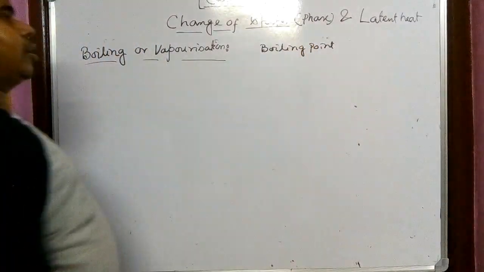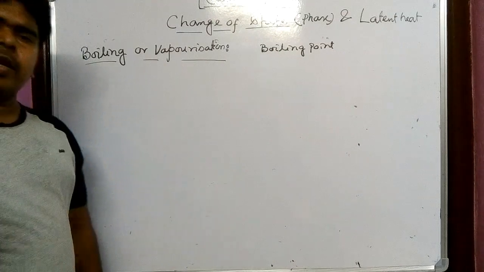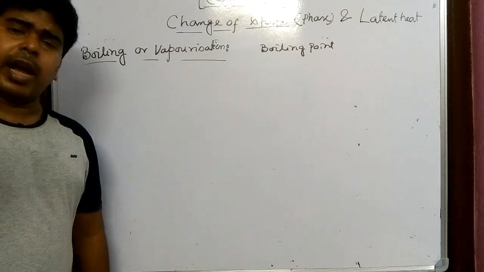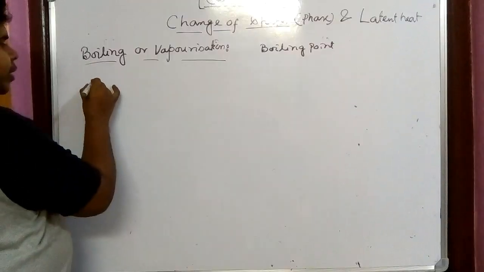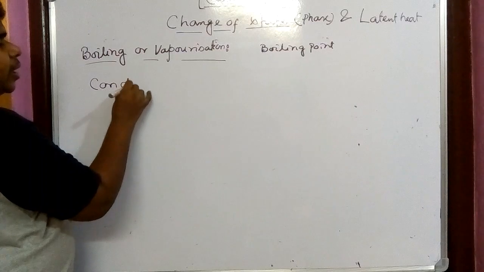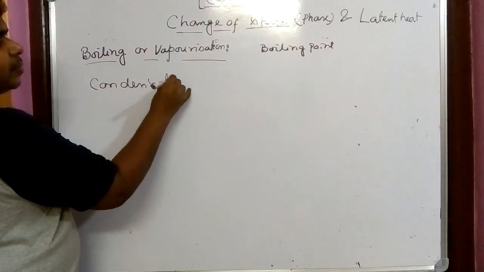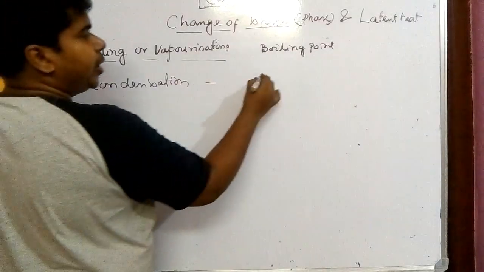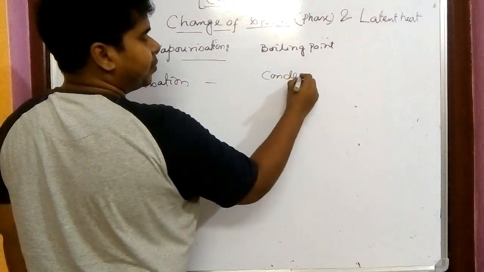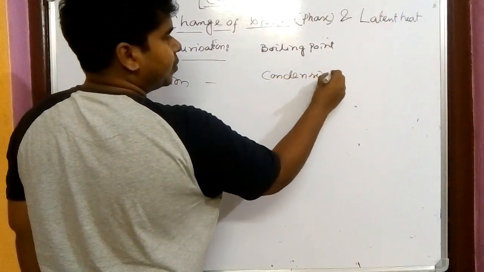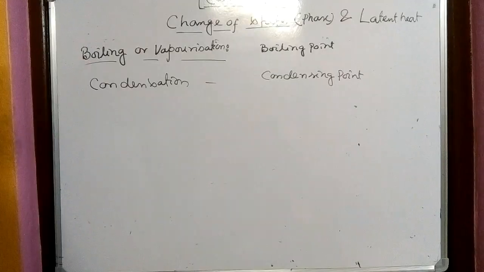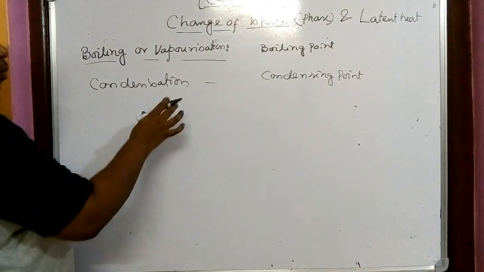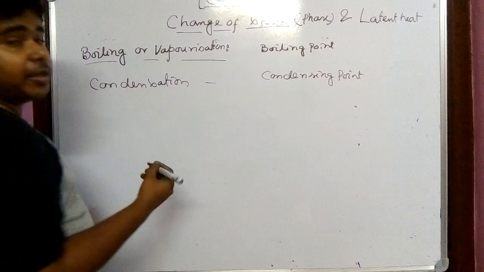Or in reverse order, when you have taken heat energy from gas at a constant temperature, at that time it is converted into liquid, and that is known as condensation, and that constant temperature is the condensing point. And here also, for pure substance, boiling point and condensing point are equal.